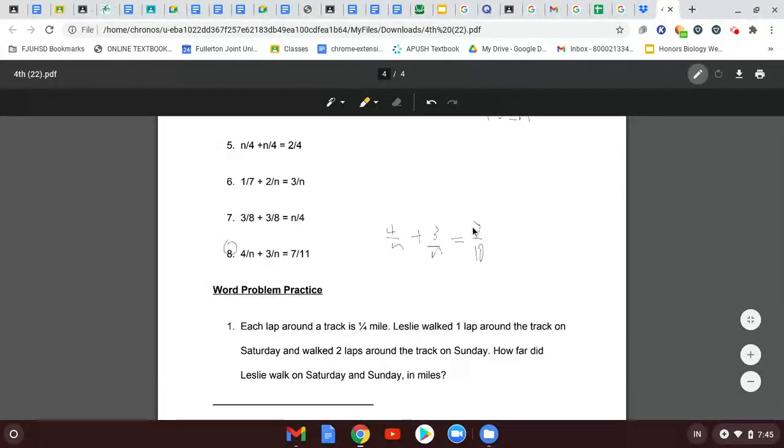Okay, so we know that since the denominators are common, right, we can do 7 divided by n, so we can add it, equals 7 divided by 11. And since you know that the 7s are the same, then we can know that 11 and n are the same. So n equals 11. Okay?